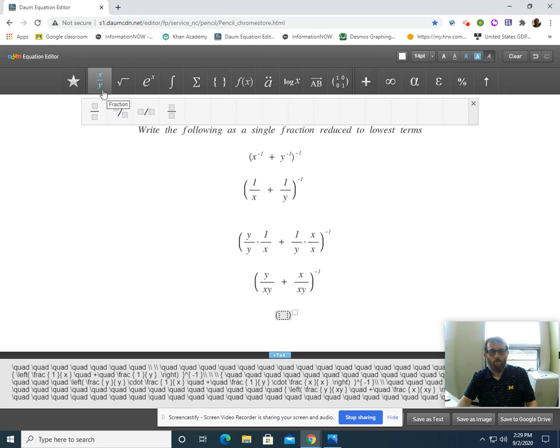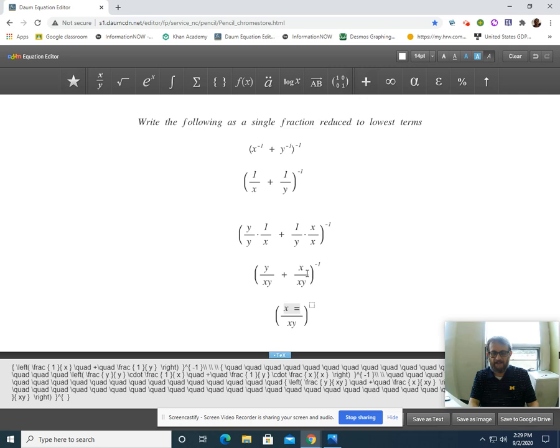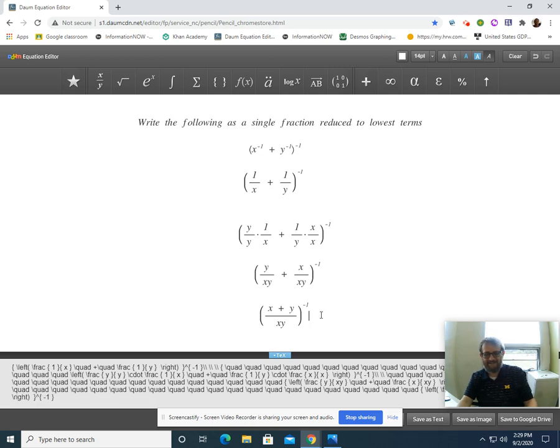I know I'm going to get one fraction, and I know the bottom is going to be xy. Now the top is going to be y plus x, but again, just because of etiquette and how we write things, we tend to like to have them as mathematicians, and it's kind of weird because we don't really love English, but we tend to like to have them in alphabetical order. Now I think that's more just so that we have a consistency thing than anything else.